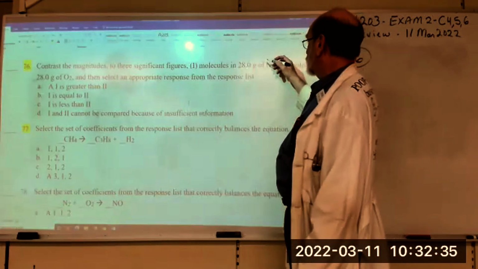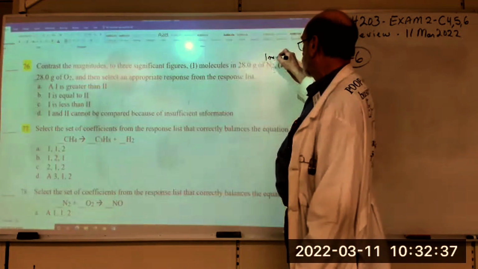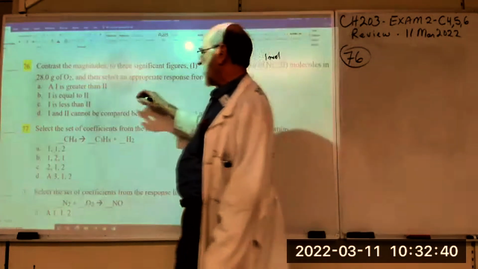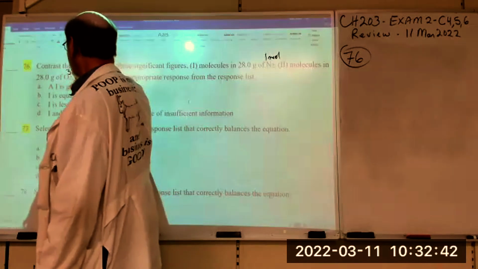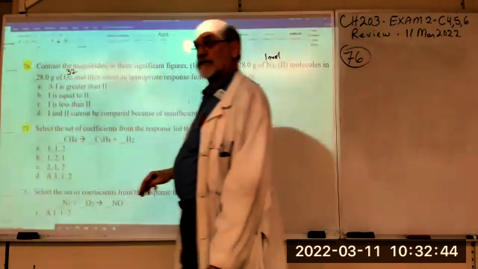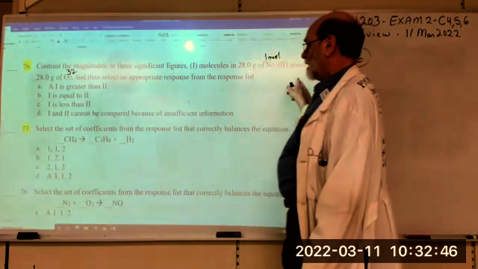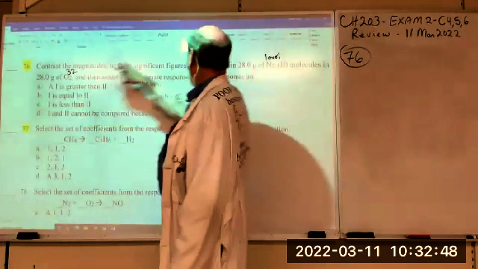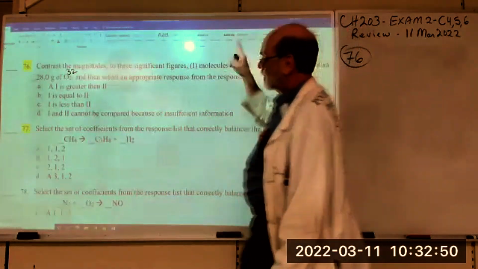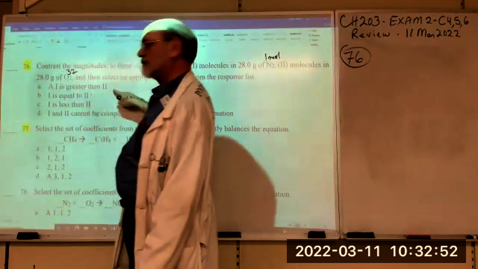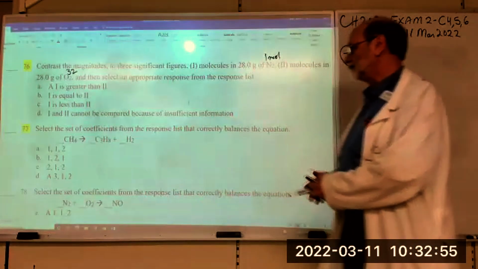Well, nitrogen, that's 1 mole. 28 grams of oxygen, since it's 32, that's less than a mole. So this one is greater than that one. Okay.